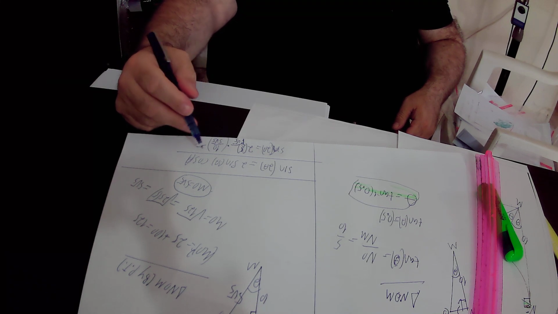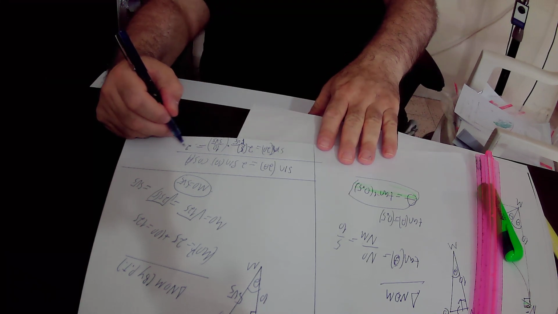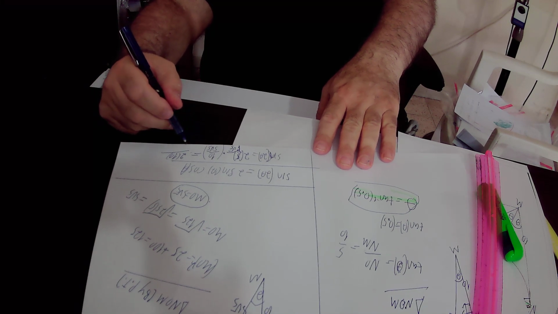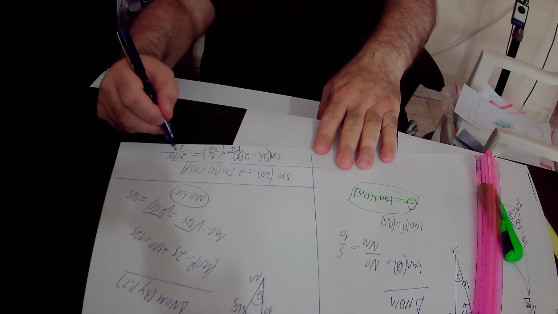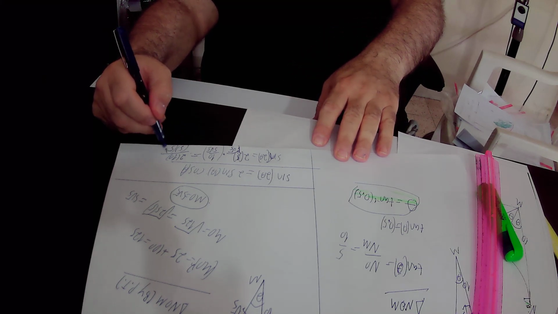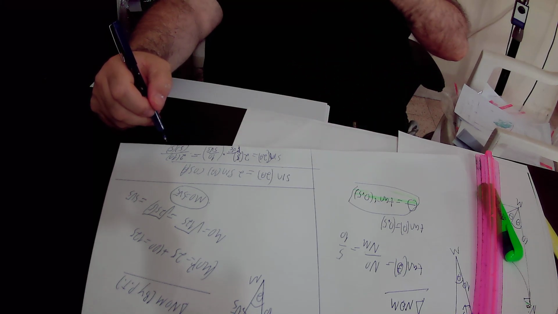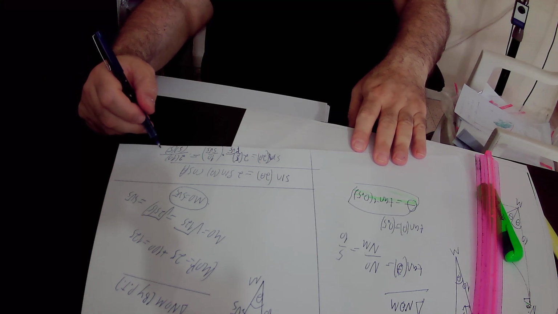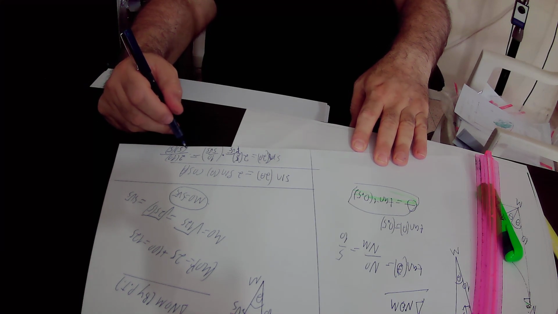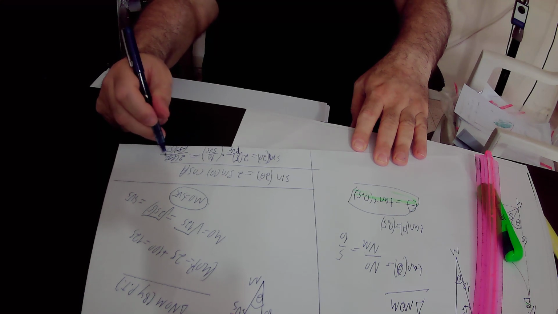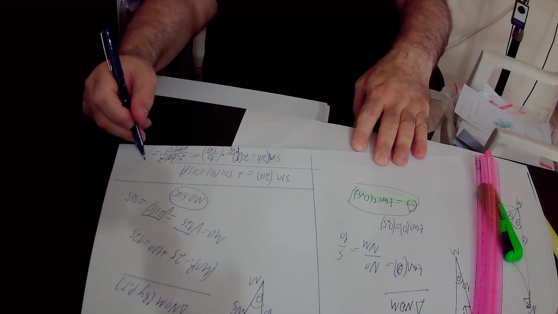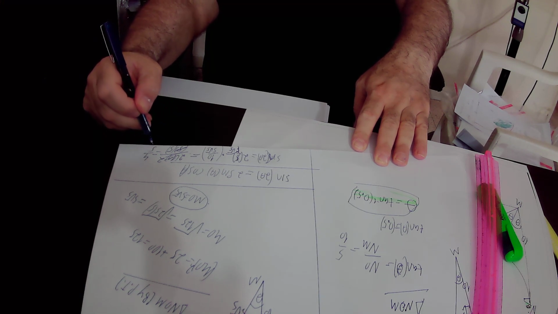In the numerator we have 2 times 10 over square root of 5 times square root of 5, which is 5, times 5. Here 10 over 5 is 2, and 2 times 2 is 4 over 5.